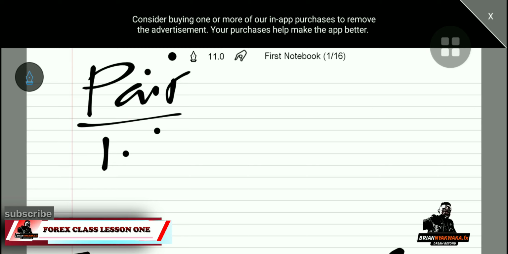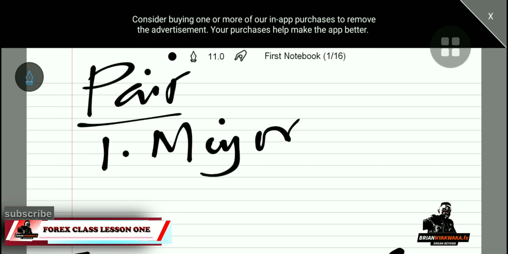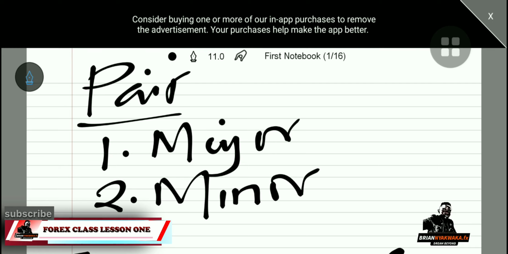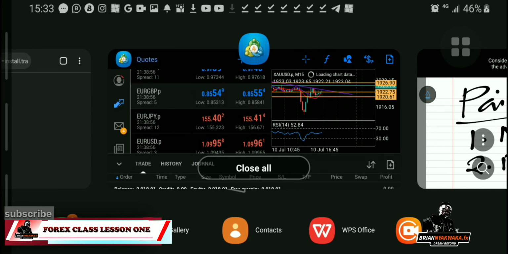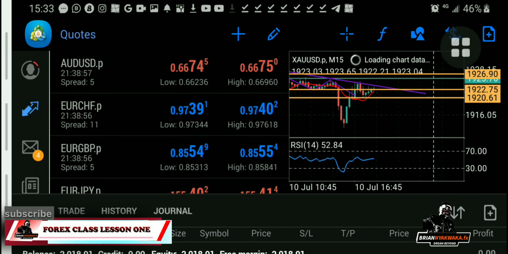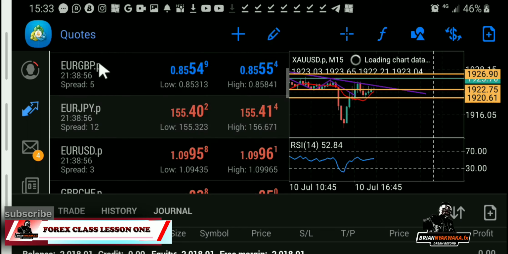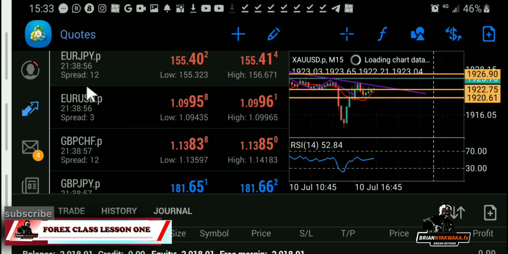One, we have major currency pairs. Two, we have minor currency pairs. So major currency pairs, these are pairs that are paired to United States dollars. Any pair that is paired to United States dollar is a major currency pair. So for example, here we have Australian dollars paired to United States dollars, we have euros paired to United States dollar.